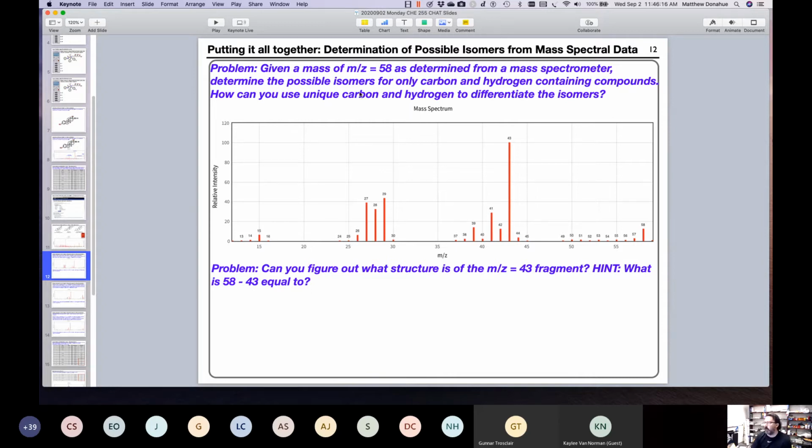Let's focus on this first part of the question. You're given two clues: the molecular weight is 58, and it only consists of carbon and hydrogen. How should you approach this? The first thing is to figure out the molecular formula.